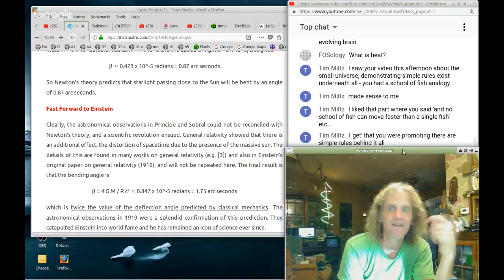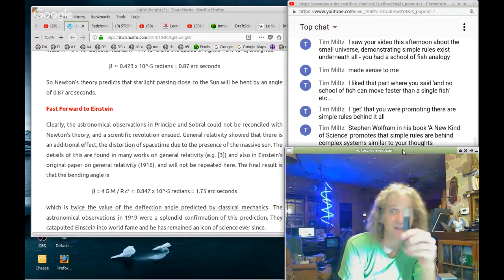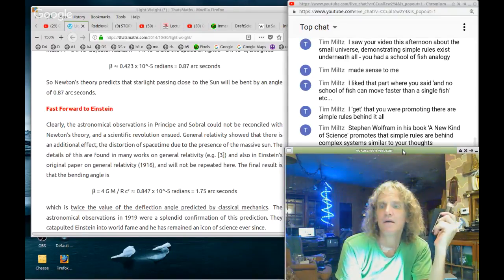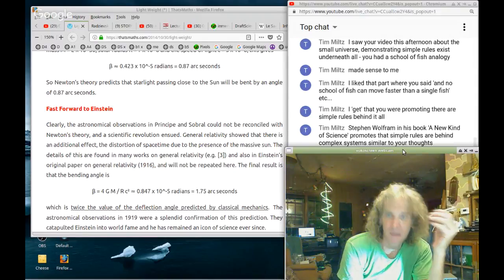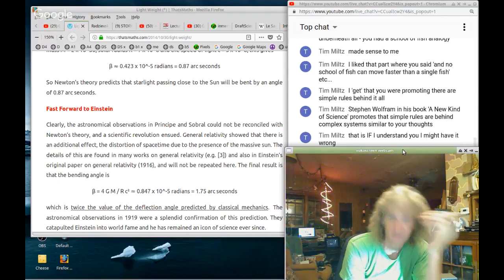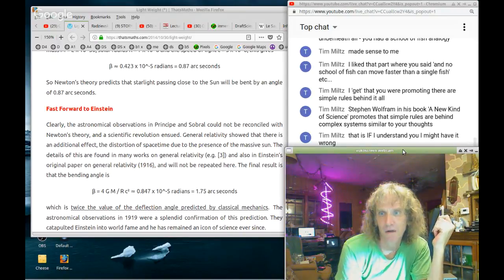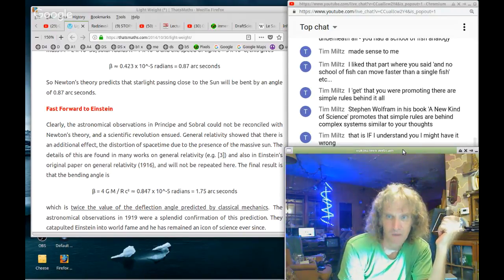You know, how even when a school of fish is not moving, it's moving. Made sense to me. I like that part where you said, and no school of fish can move faster than a single fish, etc. Well, anyway, I get that you were promoting there are simple rules behind it all.